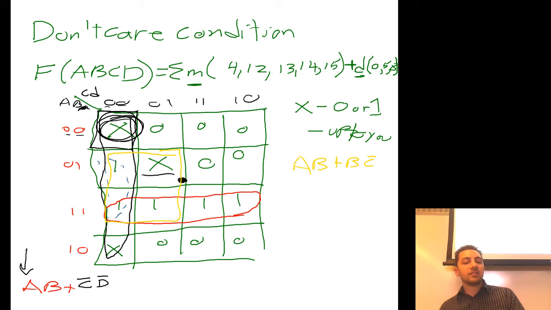In this case, if I put in a 0, 1, 0, 1, I get out a 1. But if I put in a 0, 0, 0, 0, which would be that cell there, I'd get a 0. Don't cares give us a lot of options because we can choose whether or not to circle them, only if it helps us make larger prime implicants. Okay?